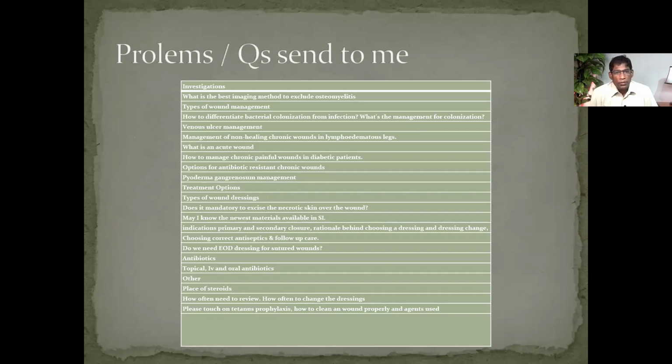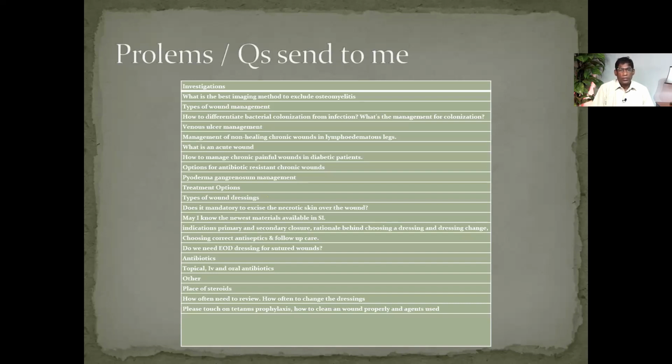What is the best imaging method to exclude osteomyelitis? I'm not an orthopedic surgeon, but I would say, from the experience I had during my orthopedic training period, ESR is one of the important investigations to find out active osteomyelitis.